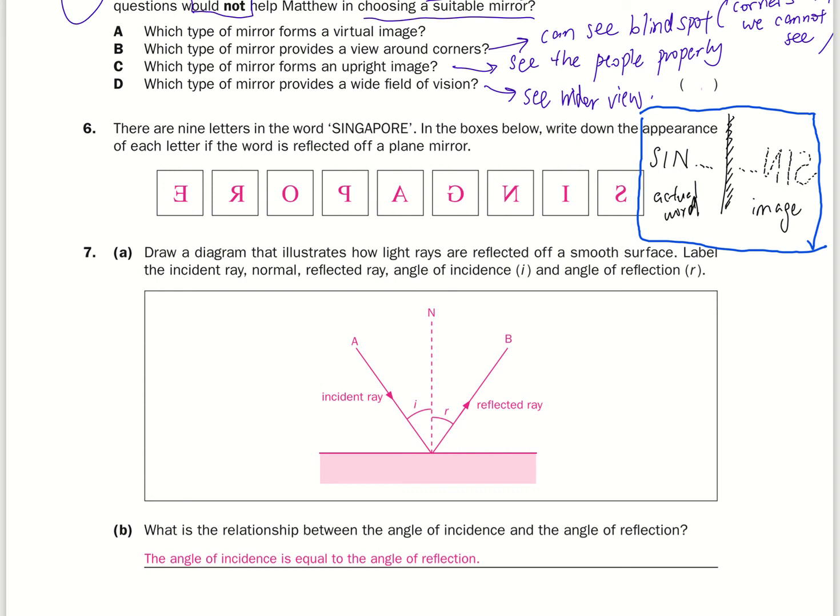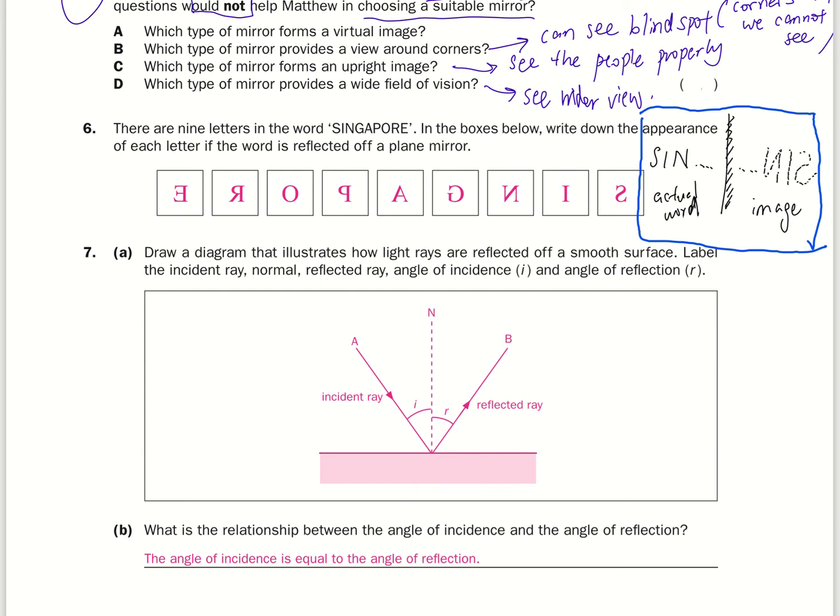So this is how we write the image formed in this box provided. So notice that all the S, N, G, A not really, but P, R and E, the image formed will be the opposite in the left to right manner.